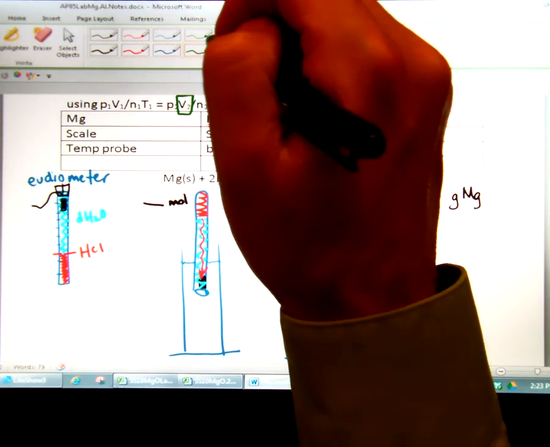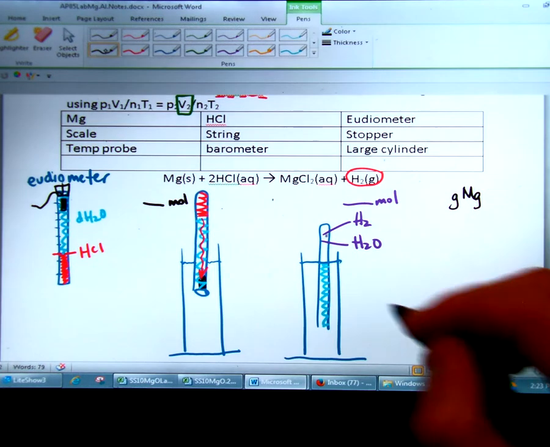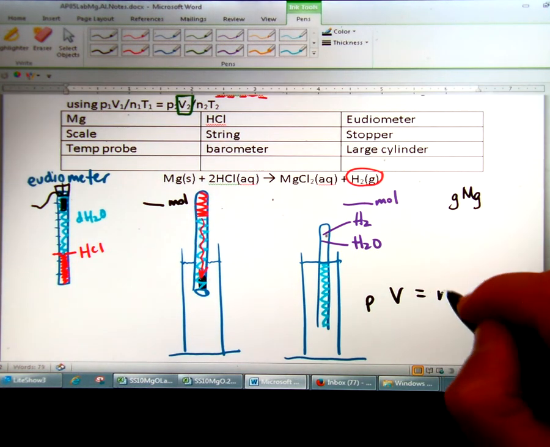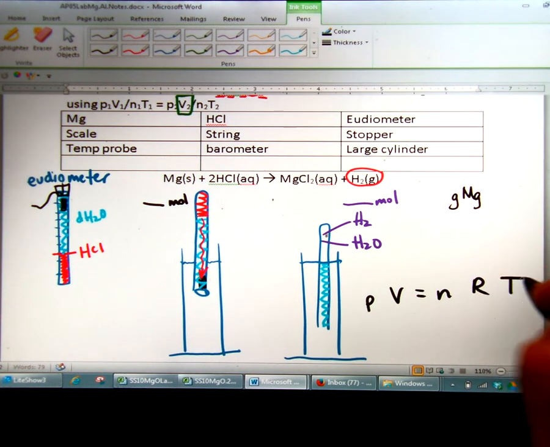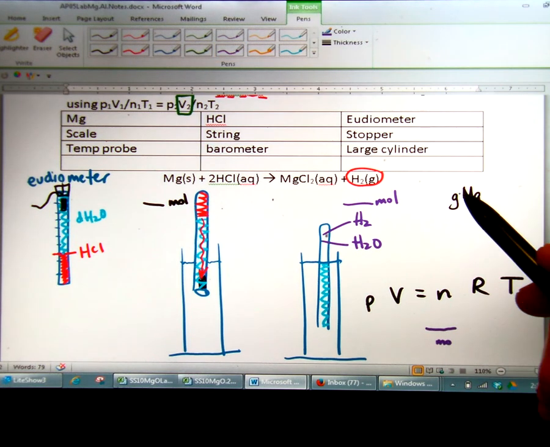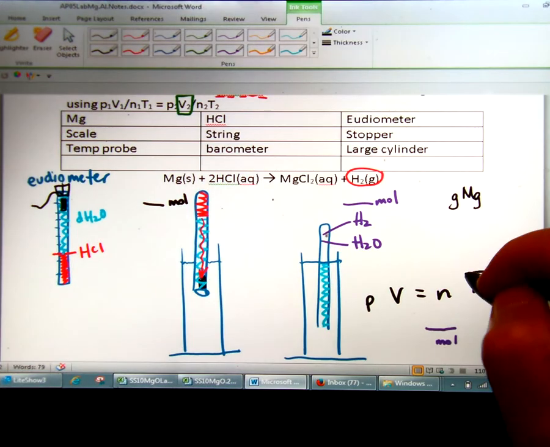So when we do our equation, I'll just write up here, PV equals nRT. We're going to know the moles from the moles of magnesium. Okay, so these are the moles, we got that. We're trying to find R, of course. This is what we're trying to find.